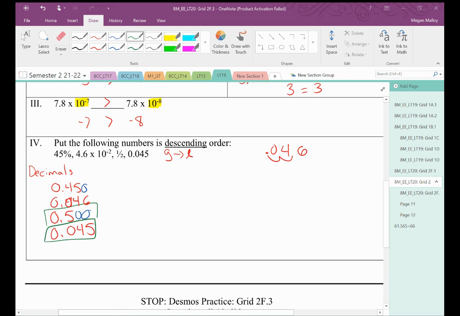So since I'm writing in descending order, my first value is going to be 1/2, because that is my largest decimal. My second largest value is going to be the 45%.